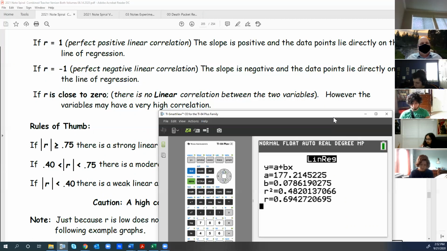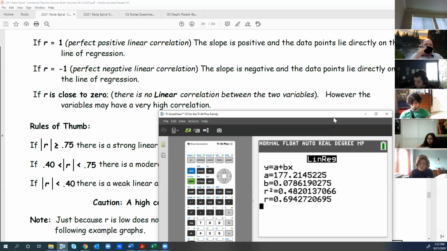If we have a correlation of zero, we have nothing. We have a blob of dots that makes no sense. We do not see a linear relationship. There might be some other relationship, but we don't see a linear relationship.